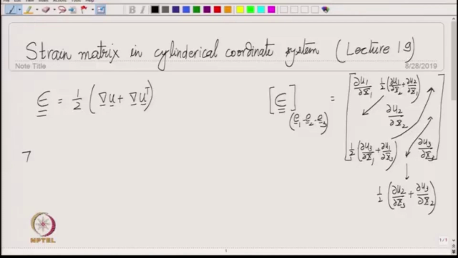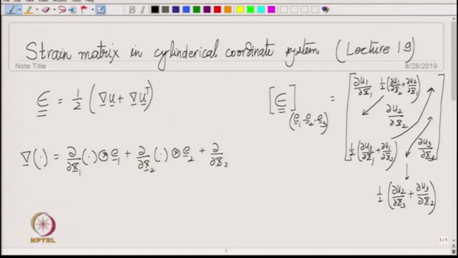You can recall that the gradient of any quantity, if we use Cartesian coordinates, was del over del x1 of that quantity tensor product E1 plus del over del x2 of the same quantity tensor product E2 plus del over del x3 of that quantity tensor product E3. That is the definition. We do not ask how it comes, it is simply the definition.